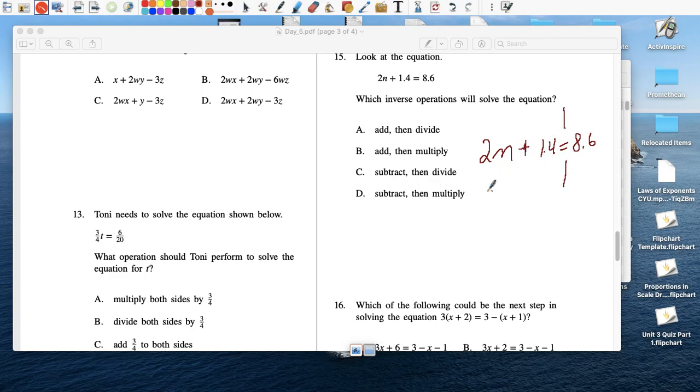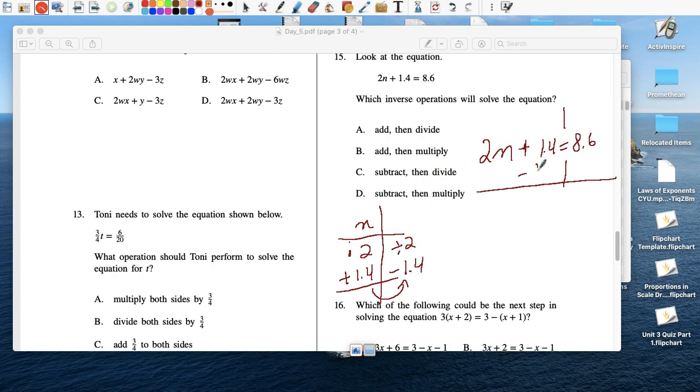What would be the order in which we do this? If you remember, we did a little story in our class. Here's my variable n. It's being multiplied by 2, and then we're adding 1.4. So to find out what n is, the first inverse operation I would do is the opposite of adding 1.4, which is subtracting 1.4, and then divide both sides by 2.